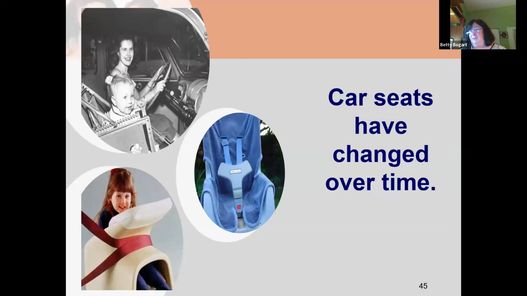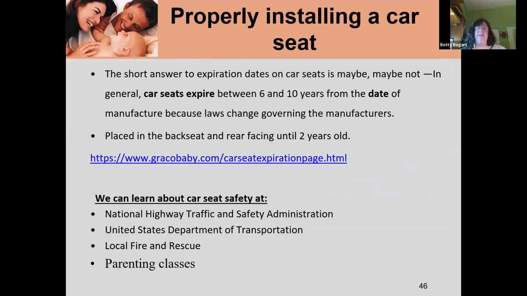Now, car seats. Car seats should be rear facing up to the age of 2 years old. They should be snug, with the shoulder harnesses on, and they shouldn't be expired.